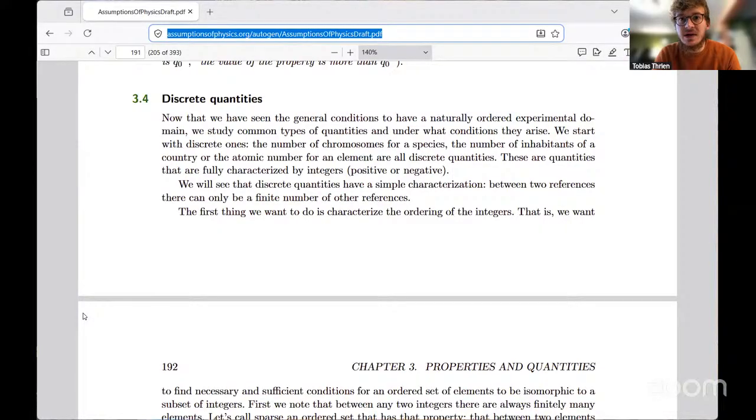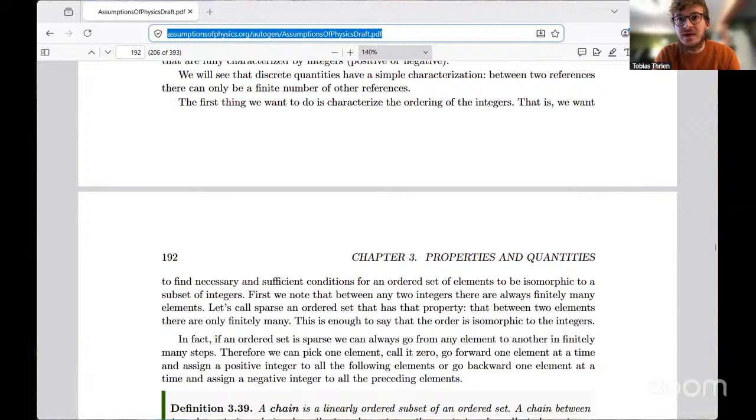These are quantities that are fully characterized by integers, positive or negative. We will see that discrete quantities have a simple characterization. Between two references, there can only be a finite number of other references.